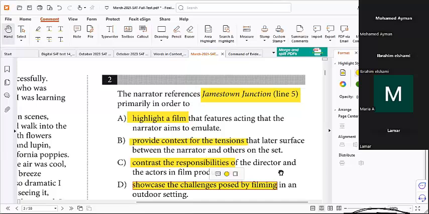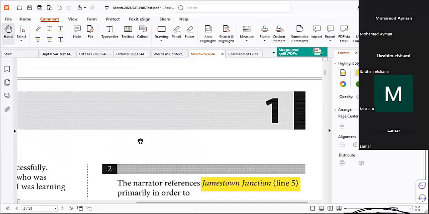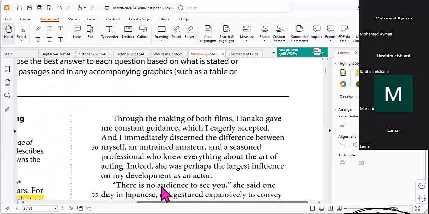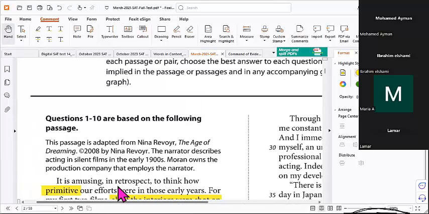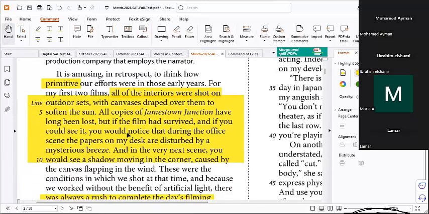So you want to say that it provides context for the tension that later surfaces between the narrator and the others on the set. But this is inside the film. If you go back once more to line number 5. Can I answer? This is Yusuf, right? Yes, Yusuf, you can help him answer. I think it's C. Why do you think so?